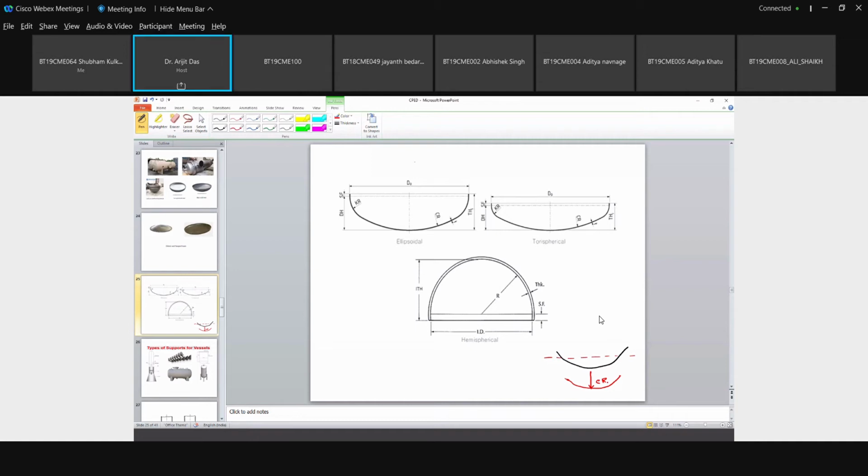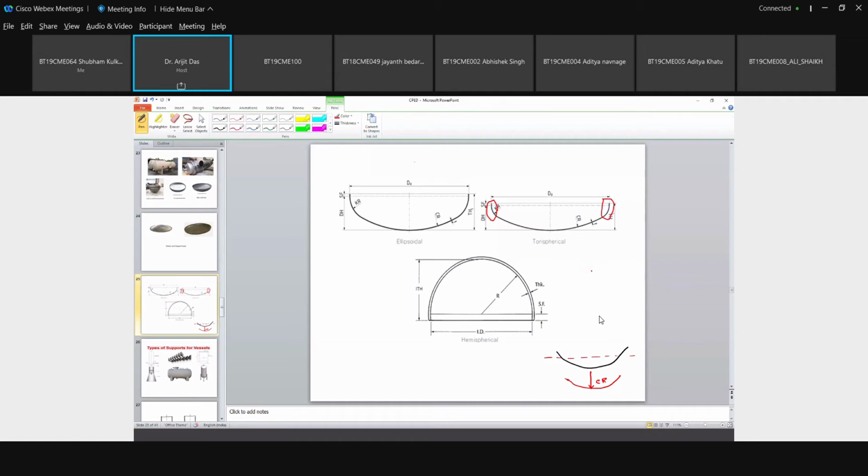The transition between the cylinder and the disc: you see here, this is the cylinder, and this is the disc with the crown radius, and the transition zone is here and here. This transition zone between the cylinder and the disc is known as the knuckle, and its curvature is different from that of the crown radius. The radius of this section is known as the knuckle radius, Kr.